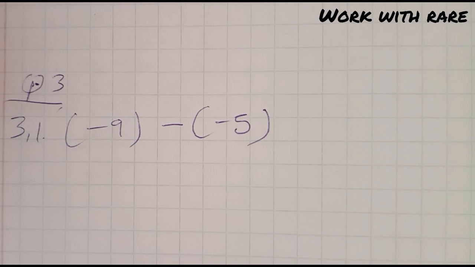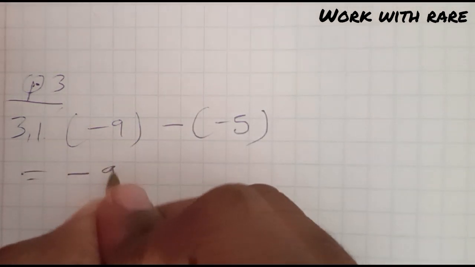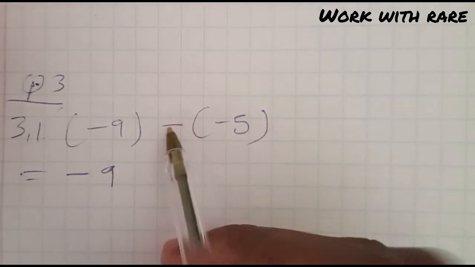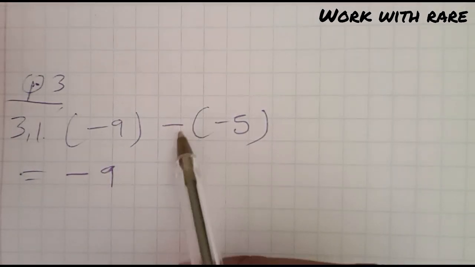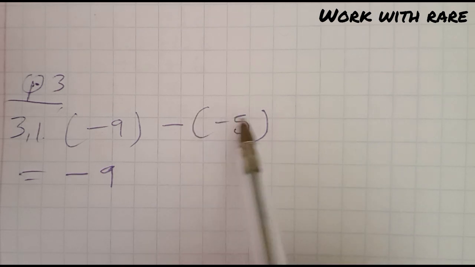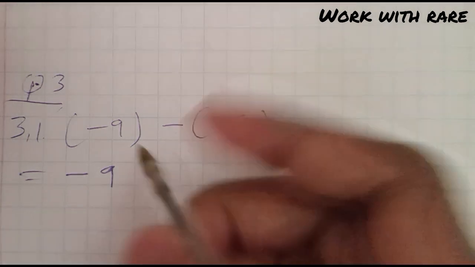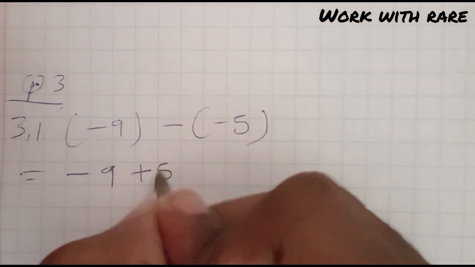So negative multiplied by a positive is negative, which means I'll have negative 9. Here it's the same as negative 1 multiplied by negative 5, which is positive 5, because a negative multiplied by a negative is positive. So here we'll have 5.